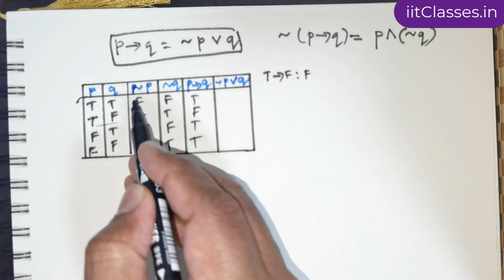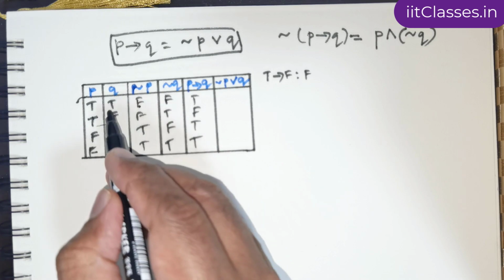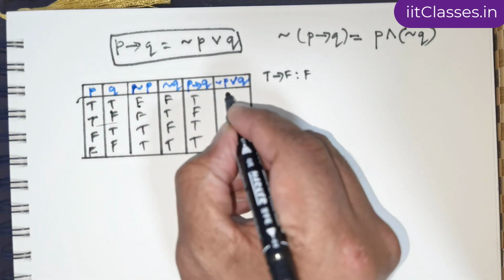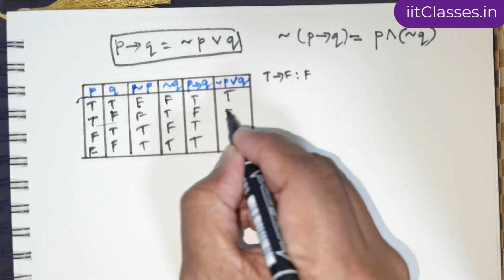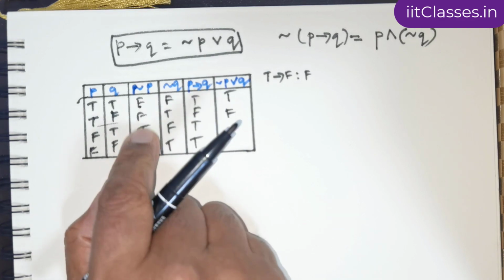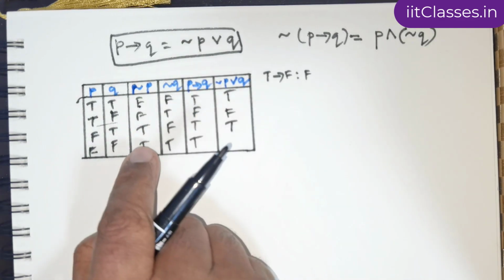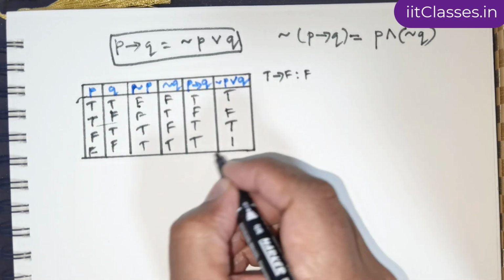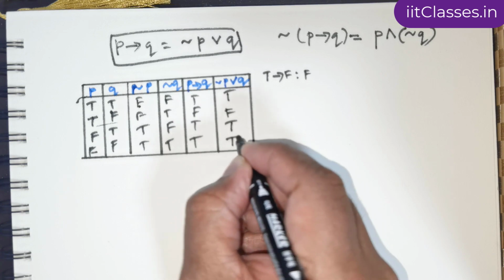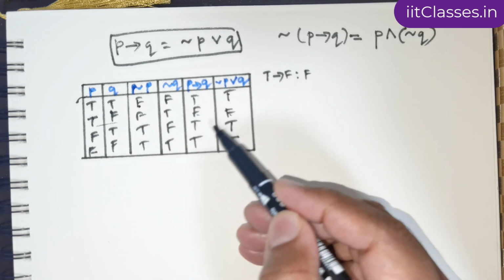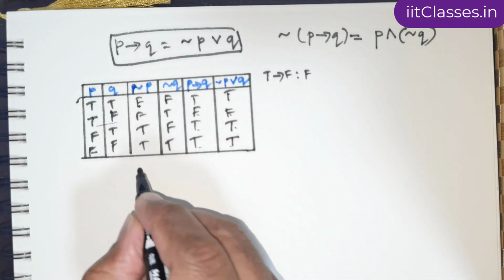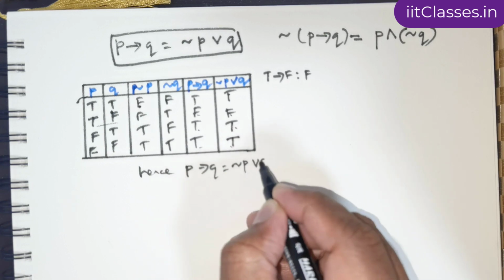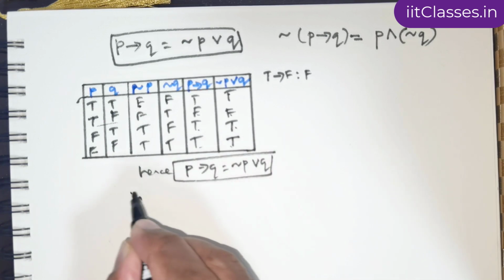Negation of P is here, with Q, disjunction with Q. So 0 added with 1 will give me 1. 0 added with 0 will give me 0. 1 added with 1 will give me 1, and 1 added with 1 will give me 1, right? Now check this: T, T, F, F, T, T, F, F. So hence P conditional Q is equal to negation of P disjunction Q is verified.